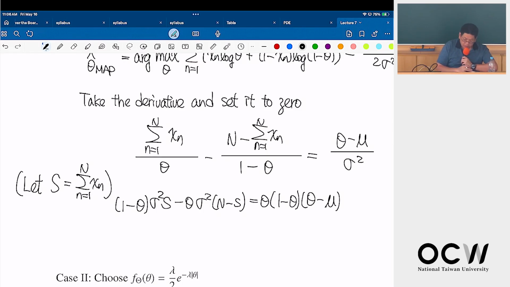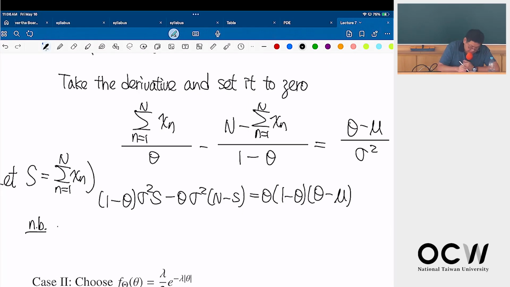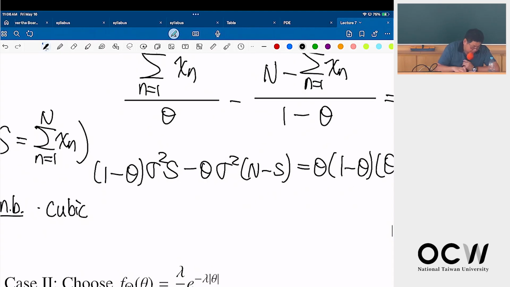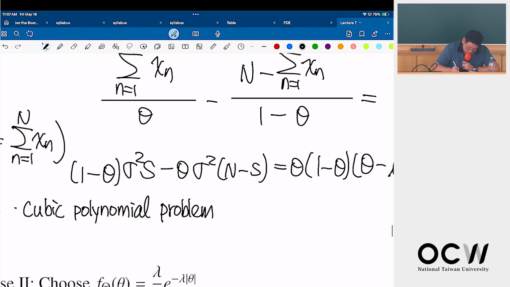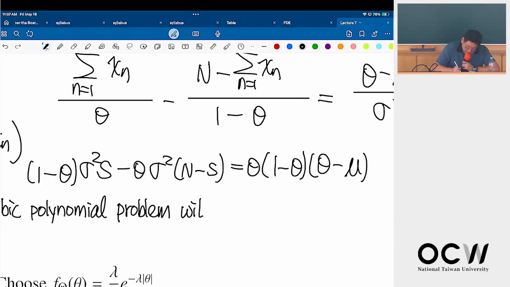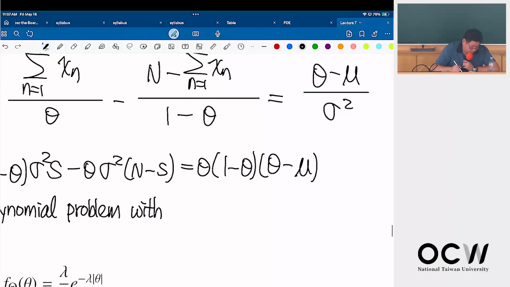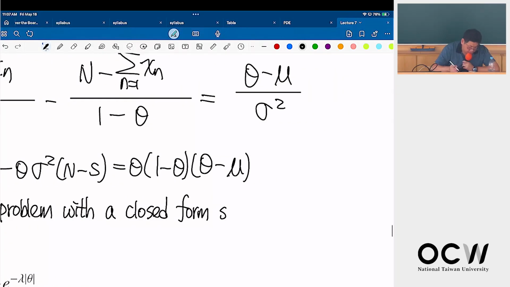So we still can find the theta. This is a cubic polynomial problem, and we can have a closed form solution.